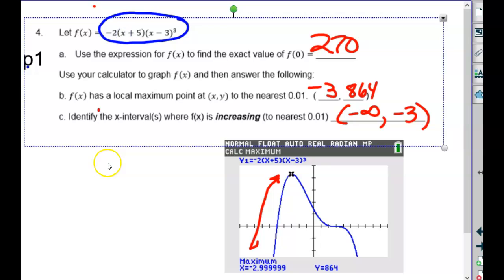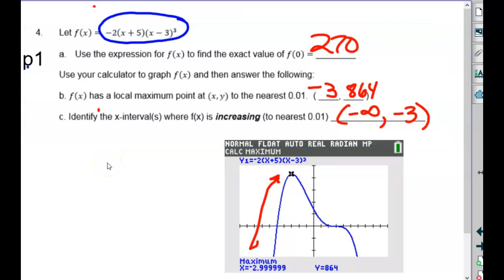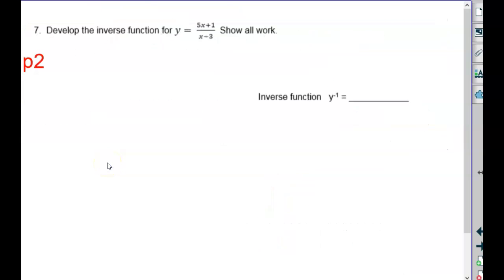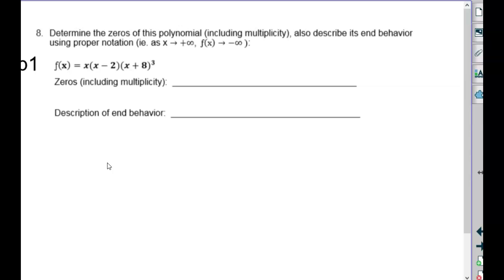Okay, so graph analysis is on there. The next one that's on part 1 is number 8. This is kind of what I thought the last one was, where you needed to figure out degree and leading coefficient to be able to predict end behavior.